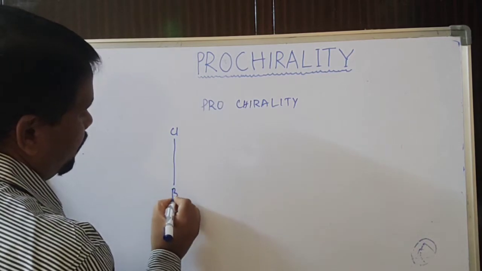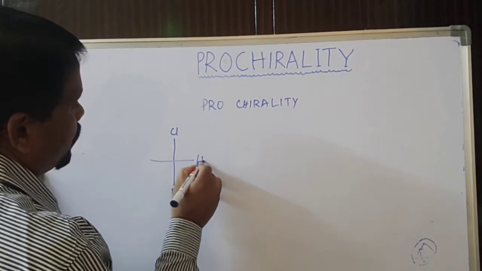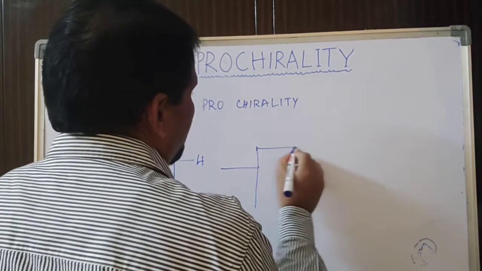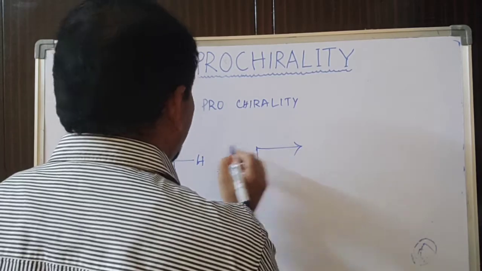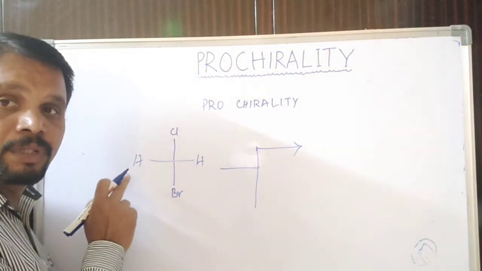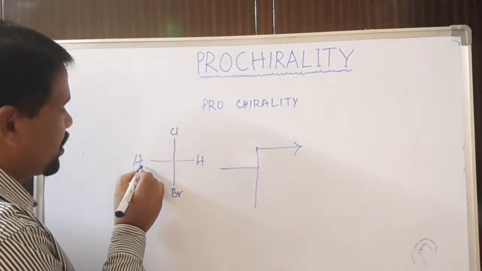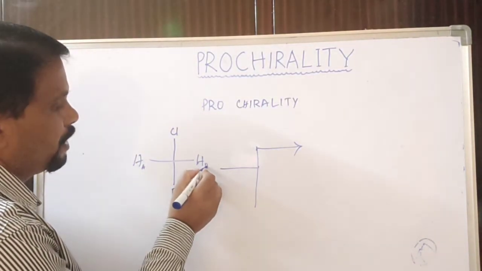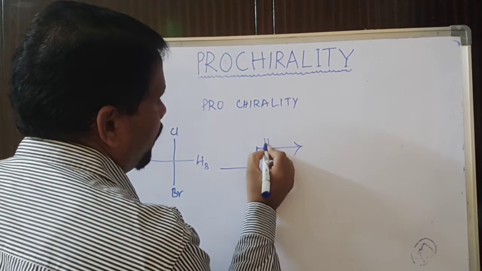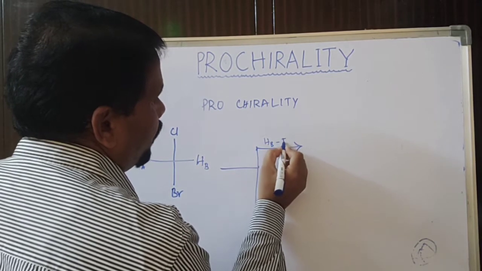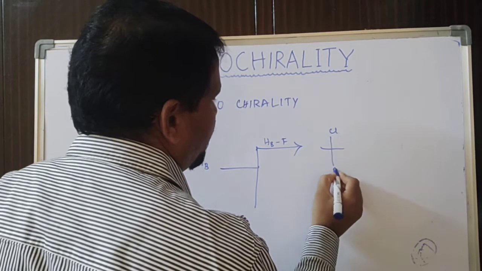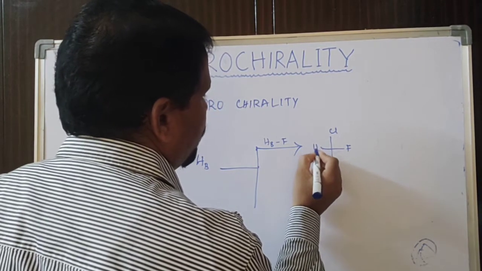Cl, Br, H and H. There are two hydrogens, similar atoms, so I can distinguish them as Ha and Hb. If you substitute Hb with fluorine, you will get a molecule with chlorine, bromine, fluorine and hydrogen.